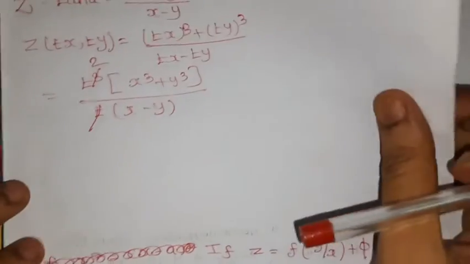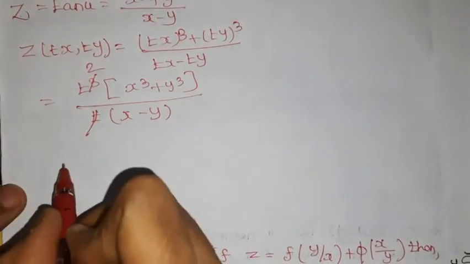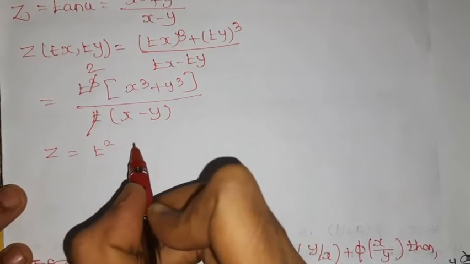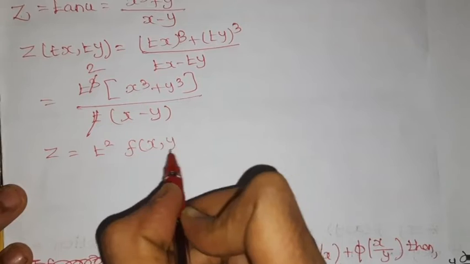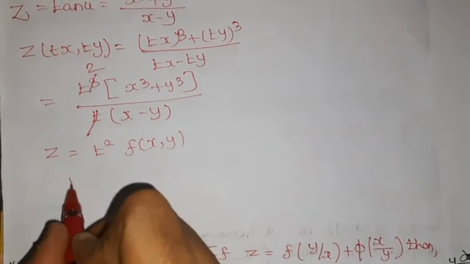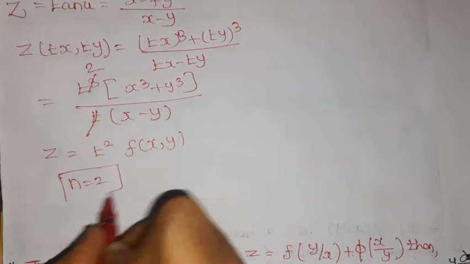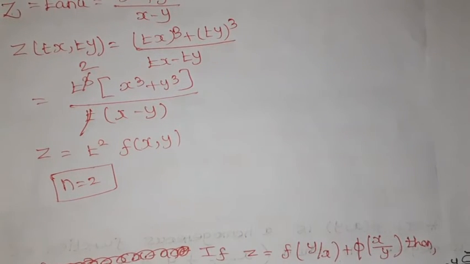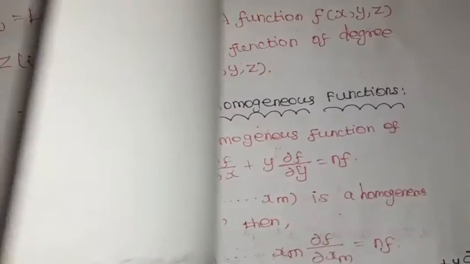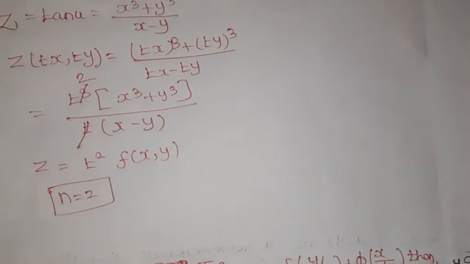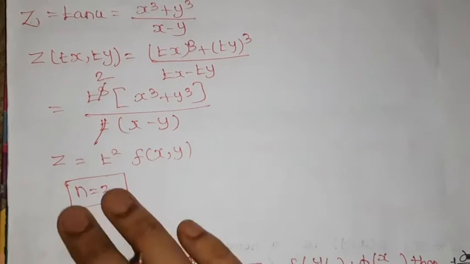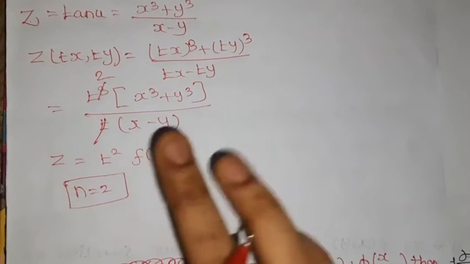What we can get? n is nothing but t squared. So t squared z equal to t squared into that function, let it be function f of x comma y. So n equal to 2. So the given function is a homogeneous function of degree 2.